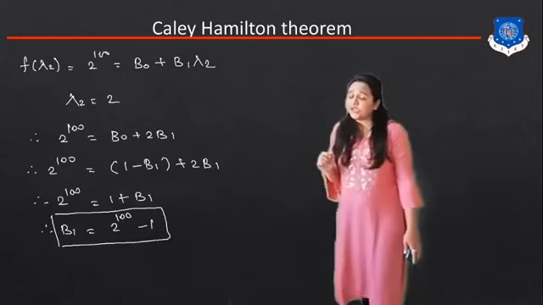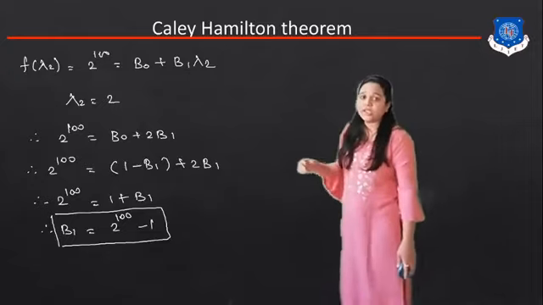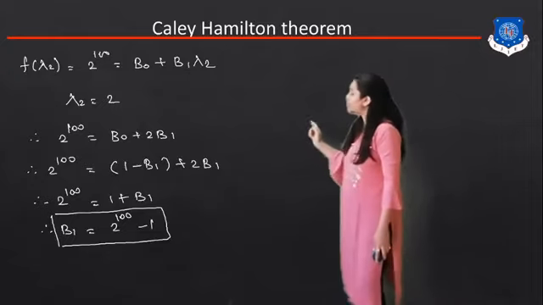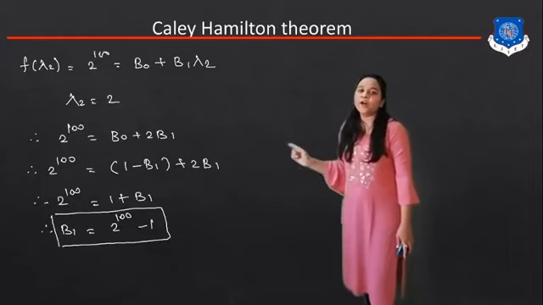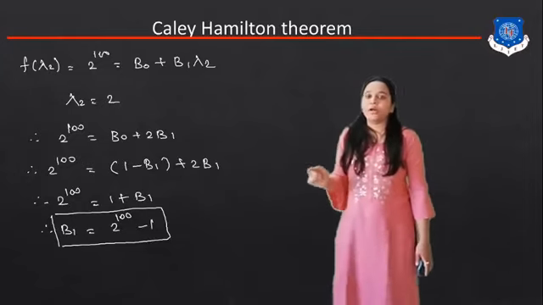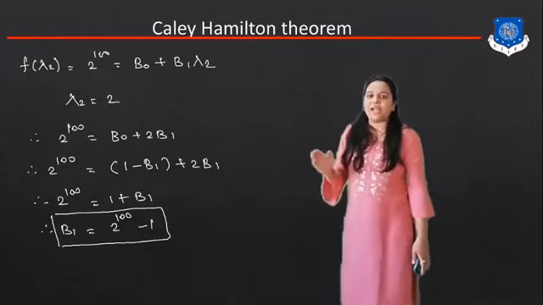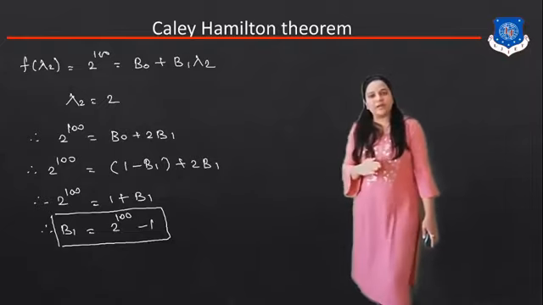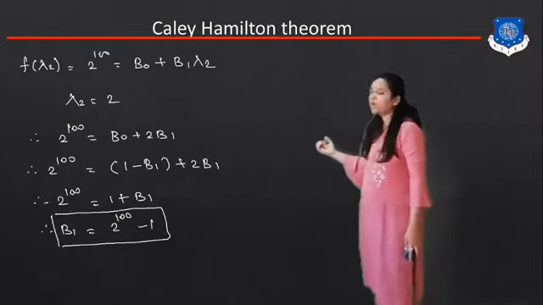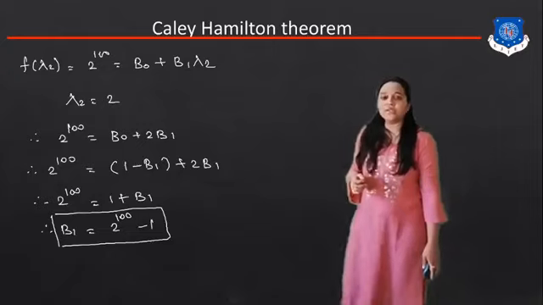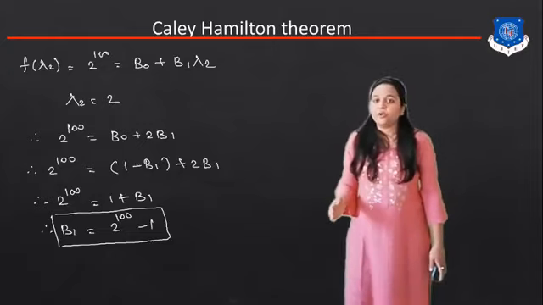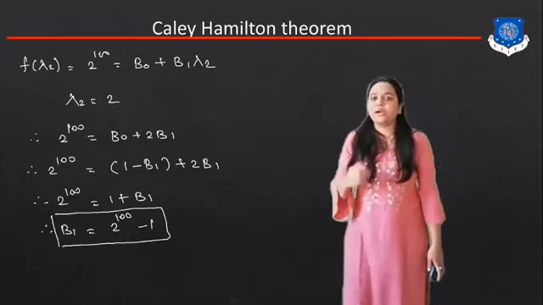But b0 is equal to 1 minus b1, so the equation becomes 2 raised to 100 is equal to 1 minus b1 plus 2b1. Now minus b1 plus 2b1 becomes b1. So 2 raised to 100 is equal to 1 plus b1. So b1 is equal to 2 raised to 100 minus 1.